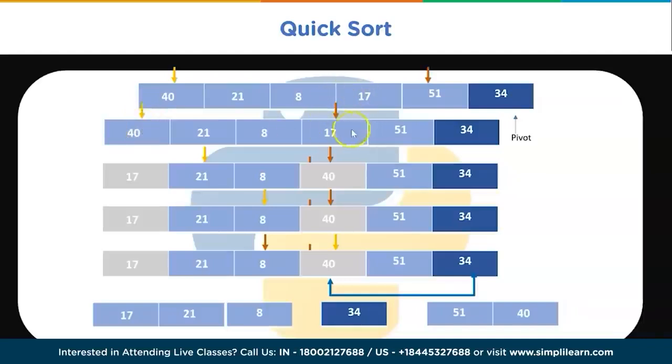Now in this scenario, 40 and 17 are meeting the condition that 40 is greater than 34 and 17 is less than 34, so we will make a swap of these elements. 17 will interchange with 40 and 40 will interchange with 17, and then I and J will continue their journey ahead. What will happen now? I moves to 21, J is at 40.